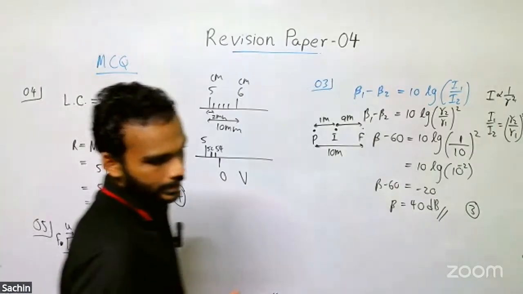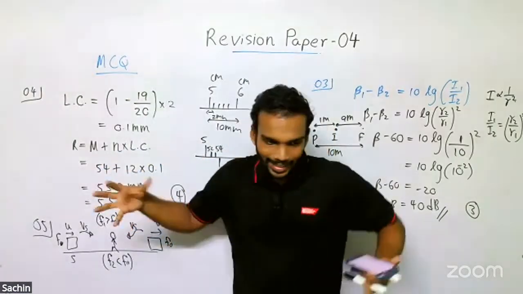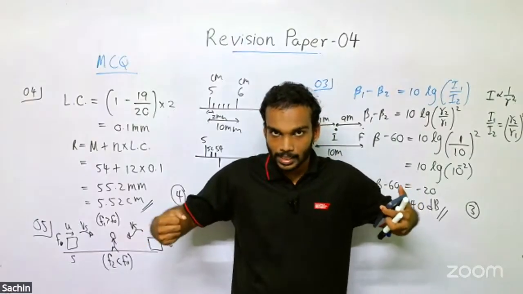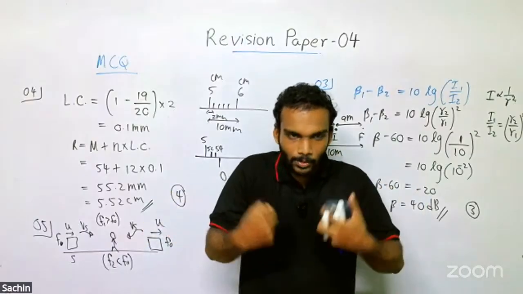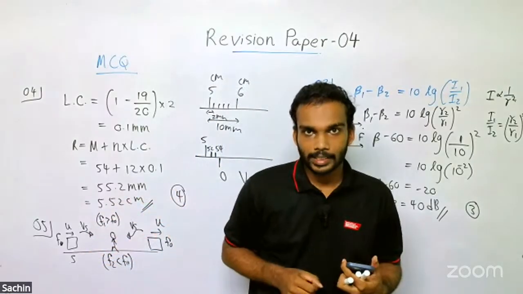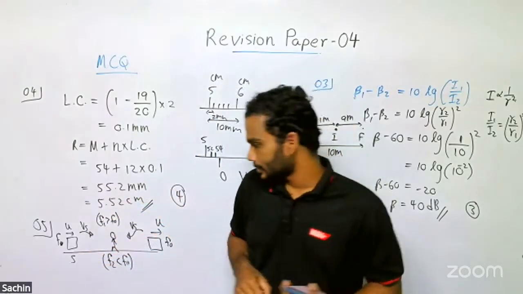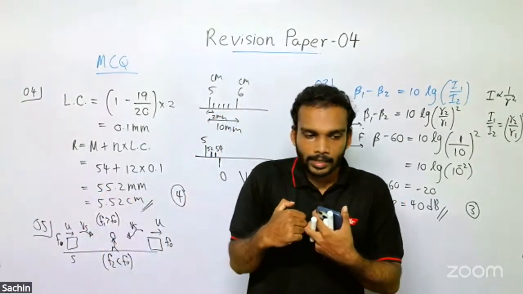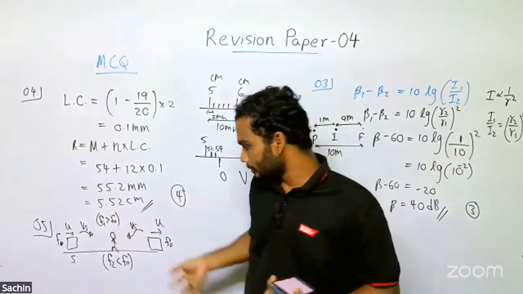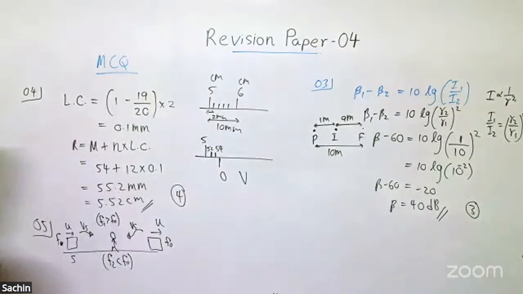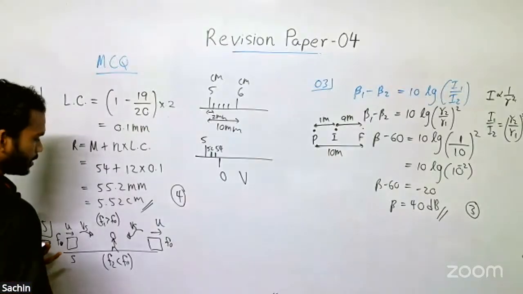In theory, if the observer and the sound source come closer, then the observed frequency is higher. If they go away from each other, then the observed frequency should be less than the actual.